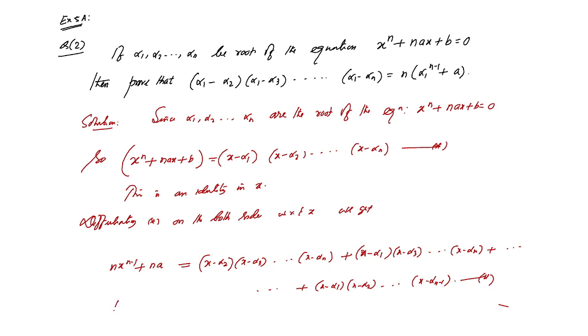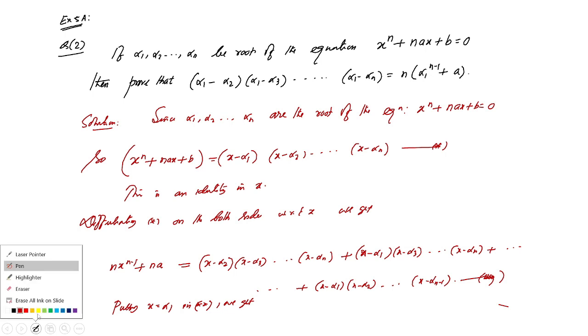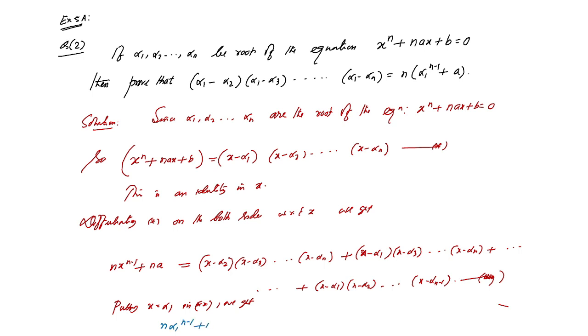This is also an identity. So putting x equals alpha 1 in double star on both sides, here we get n alpha 1 to the power n minus 1 plus na.